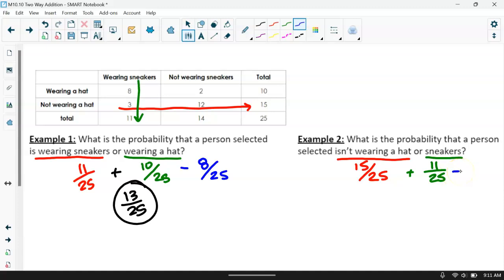What amount did we accidentally count twice? Our 3. Notice that overlap: isn't wearing a hat and wearing sneakers, which is 3 out of the 25. So what is our probability? 23 out of 25.